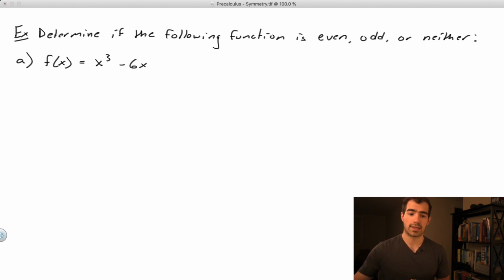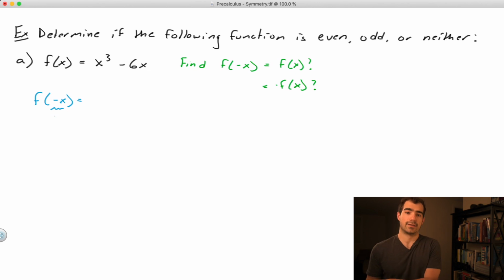Remember here what we're looking to do is find out whether f of negative x is equal to f of x or negative f of x or neither. And so what we can do is plug in negative x into our function. f of negative x means we're going to take this input and substitute it in for every instance of x in our equation.